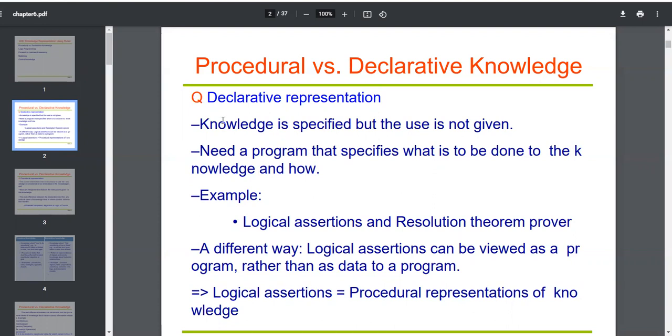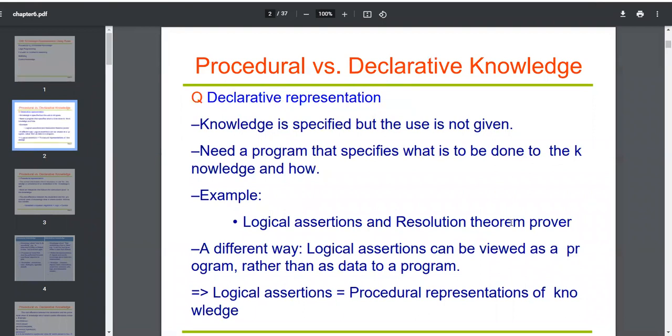If we see it syntactically, knowledge is specified, but the use is not given. How you are going to use it is not specified. You need a program that specifies what is to be done with the knowledge and how it is going to be processed. For example, logical assertions and resolution theorem proving. Now, what happens in this case?